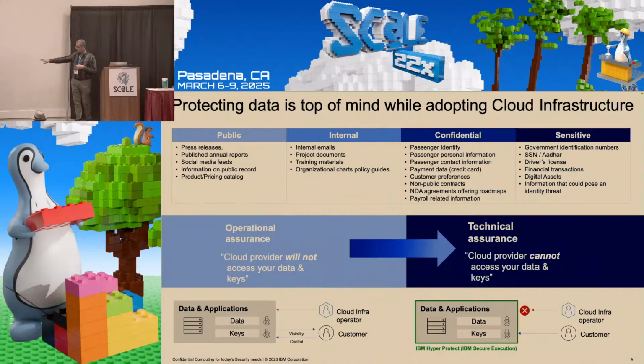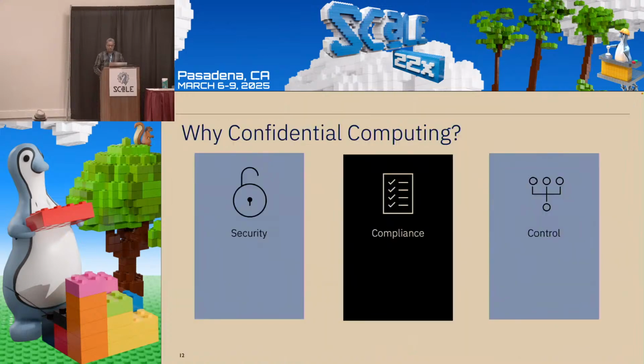If you look at the bottom of the stack, the cloud infrastructure operator can also access the data and application, and the customer can also validate and access the data. However, on the cloud confidential computing side, where the confidential and sensitive data is included, the infra operator cannot access the data at all. So that's the technical way of limiting him from getting access to the data and applications.